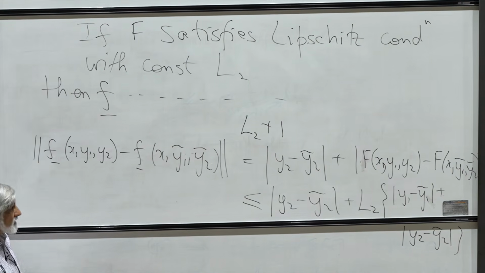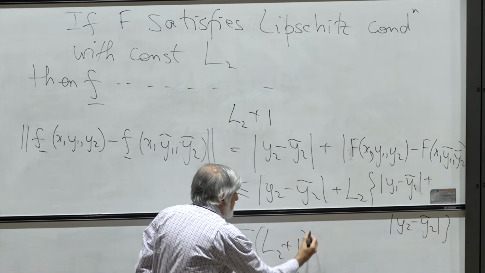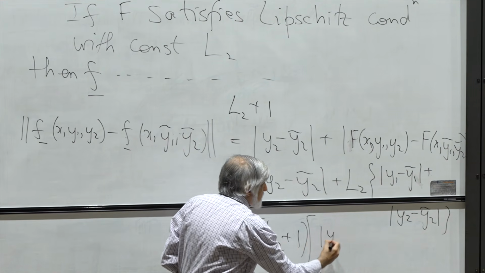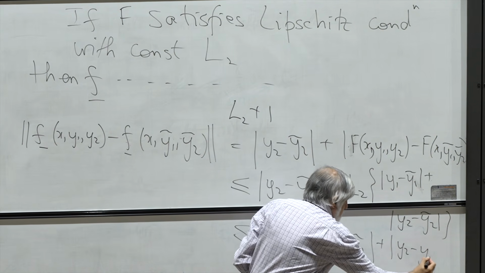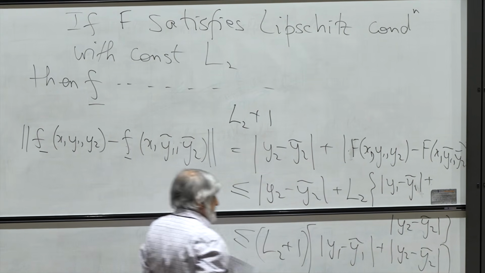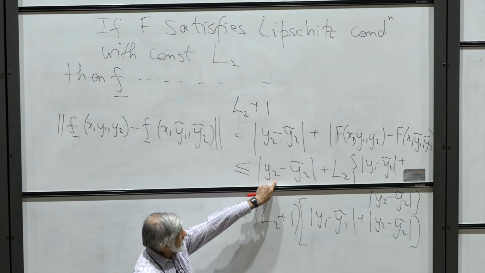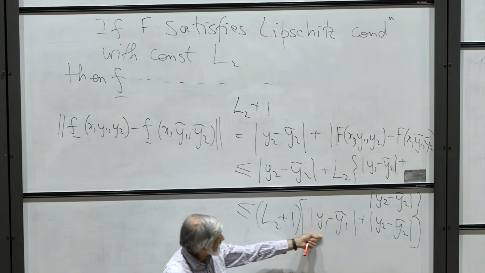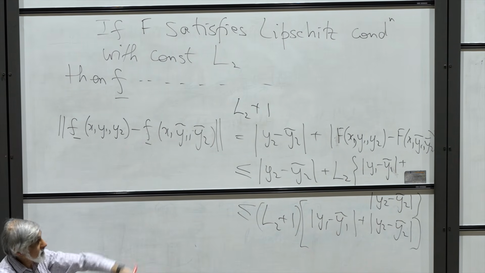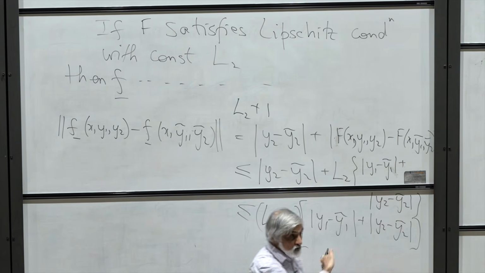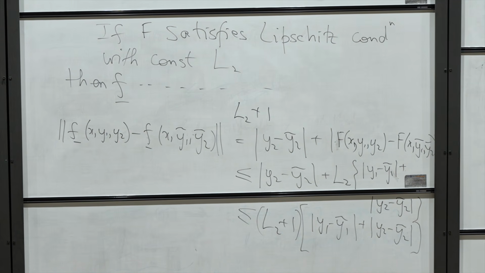And then you can see that's going to be less than or equal to L2 plus 1 times the thing, times that, simply because this thing here is less than or equal to that. Okay, so the key thing is it satisfies the Lipschitz condition, and then we can go through and do everything that needs to be done.